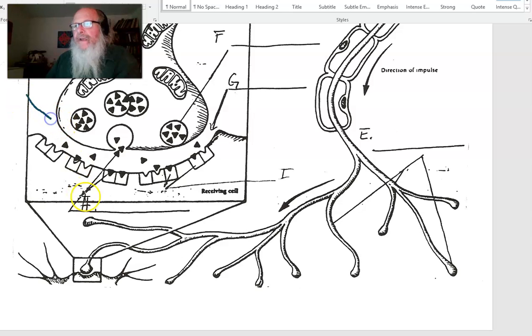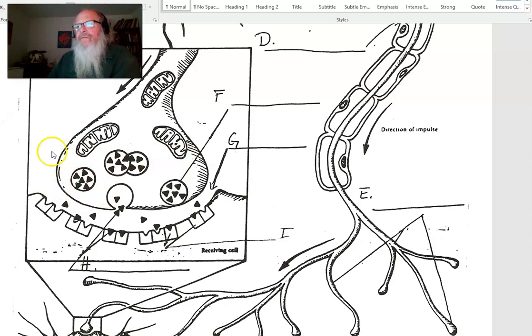So here's H, neurotransmitters, and just once in the handouts, I spell it out completely, neurotransmitter chemical molecules. And there's a reason that I use all three of those words.